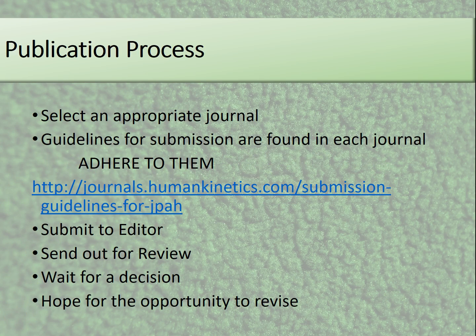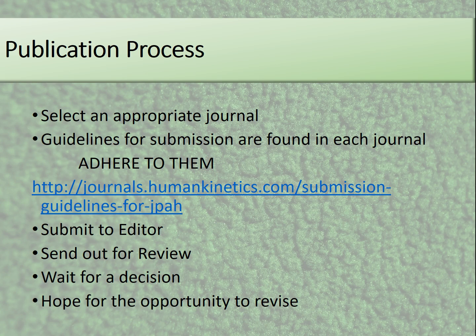So, I would like to give you some brief information regarding the publication process based on my personal experience. First, you should select an appropriate journal and carefully read its guidelines. Guidelines for submission are found in each journal. Be sure to adhere to them.